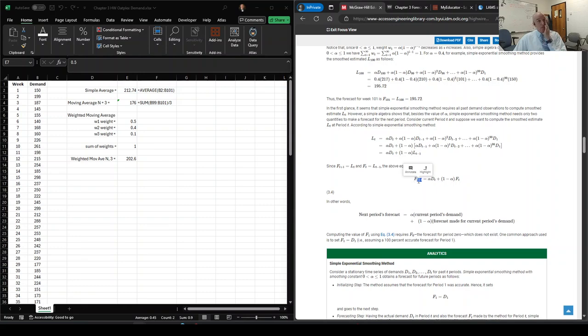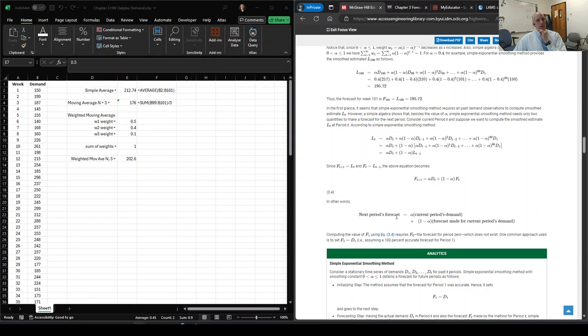So the forecast for t plus 1 is taking the alpha times the actual demand plus 1 minus the alpha. See the weights here? This 1 minus alpha plus alpha is going to be 1, right? 1 minus alpha times the forecast for that previous time period.